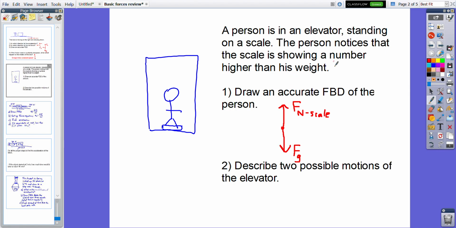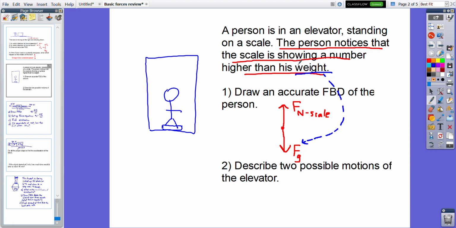Now it says, this statement right here, the person notices that the scale is showing a number higher than his weight. Remember, weight is another name for the force of gravity, okay?